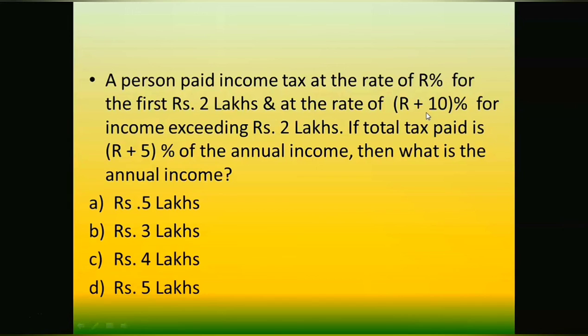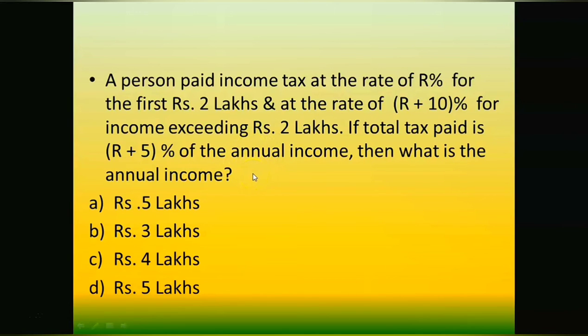If total tax paid is R plus 5% of the annual income, then what is the annual income? Okay. So initially we will have to write it in terms of the equation and solve the equation for the unknown. It is just given as R% and we are asked to find out what is the total annual income.